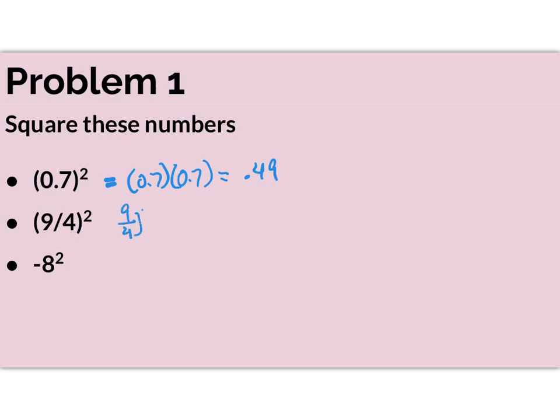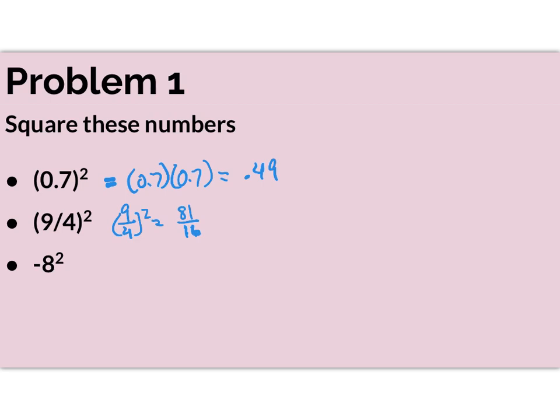9 over 4 squared gives us 81 over 16. The factors of 16 are 2, 8, 2, 4, 8, and 16. The factors of 81 are 9 and 9, which is 3.